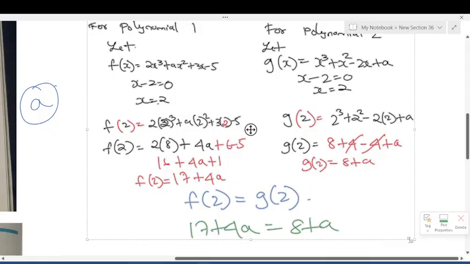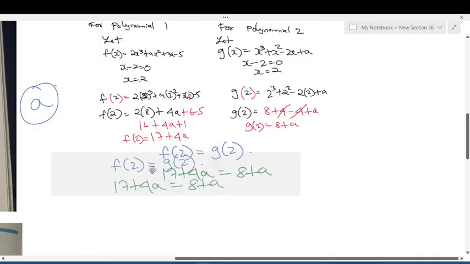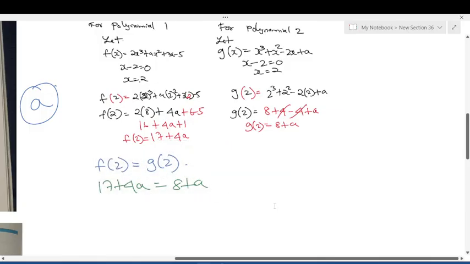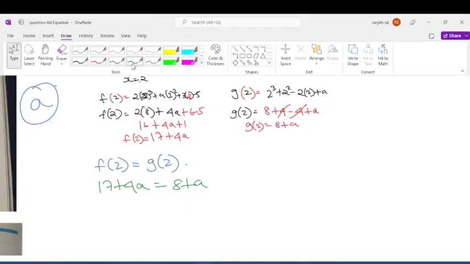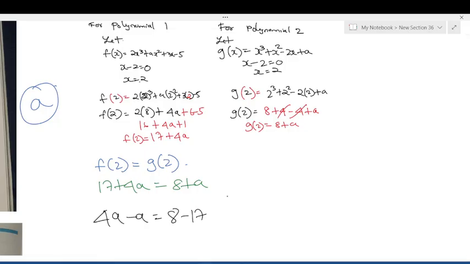Write that equation. Now find the value of a.